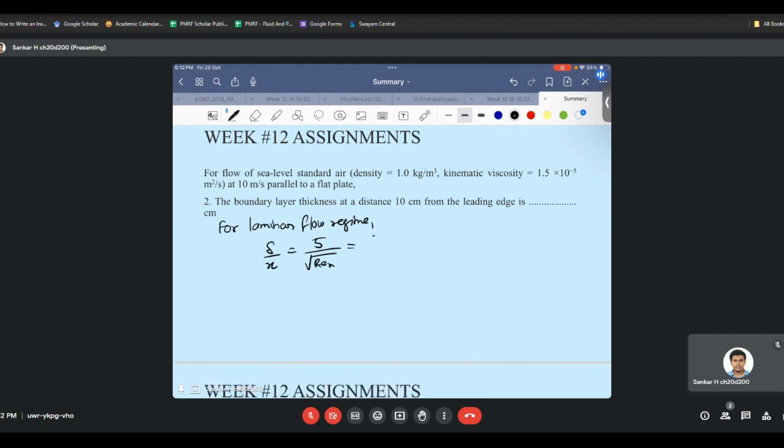So we'll get this as 5x by square root of Rex, and what we found out was 5 into 0.1 by square root of 66,667. This answer will come out to be equal to 0.19 in the unit of centimeters. I'll give you a minute if you need to catch up, and then we'll move forward with the next question.